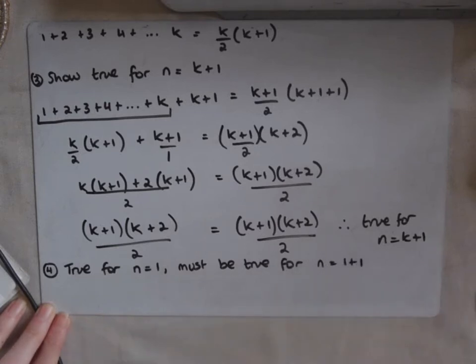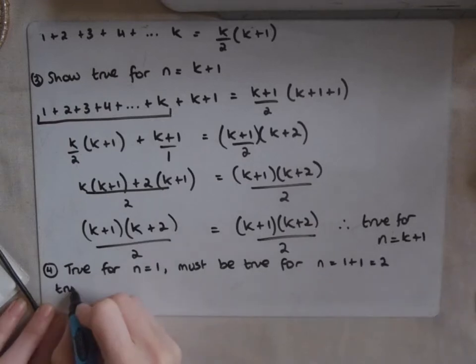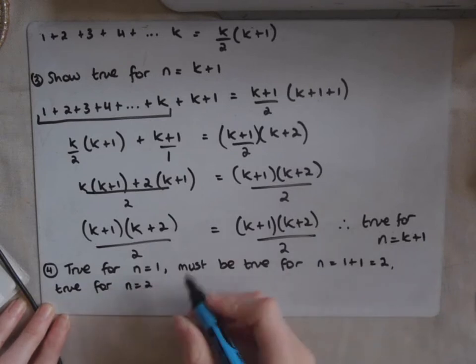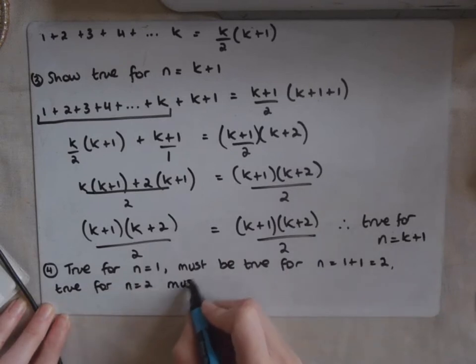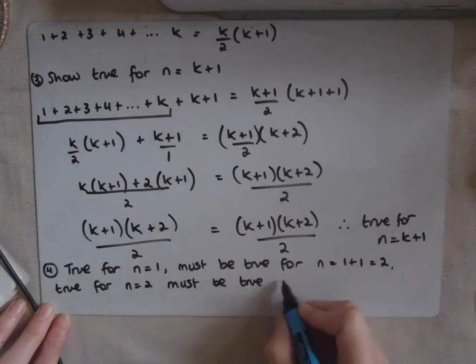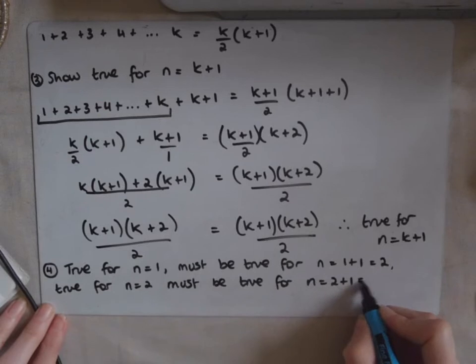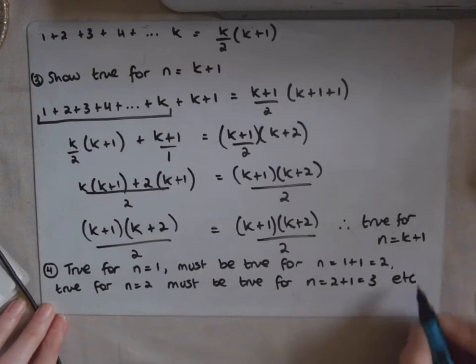You're rolling it, okay? True for n is equal to 2 must be true for n is equal to 2 plus 1, okay, etc.